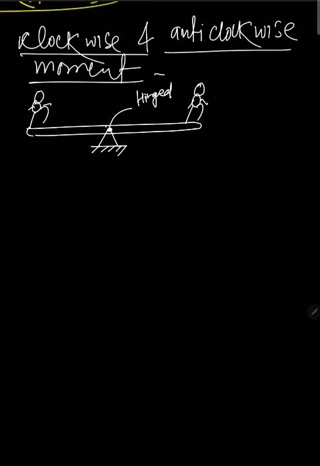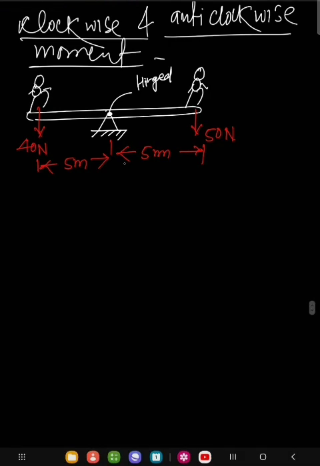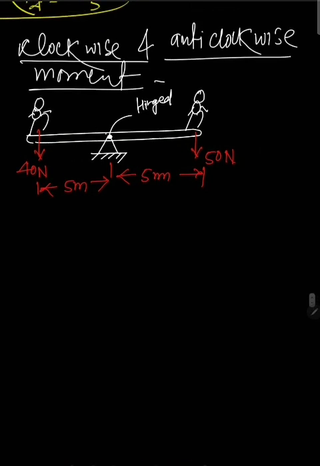Let's suppose this person has weight 50 Newton and this person has weight 40 Newton, and this distance is 5 meter. This side also this distance is 5 meter. So total length of seesaw is 10 meter, and in the middle we have hinged it, hinge support.